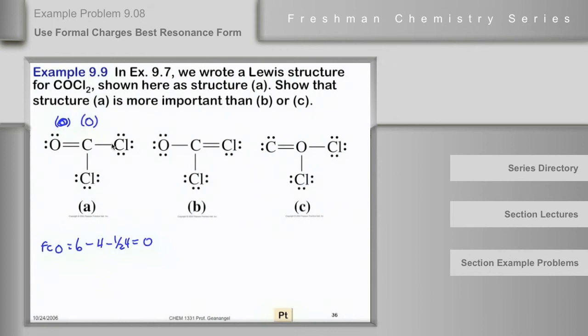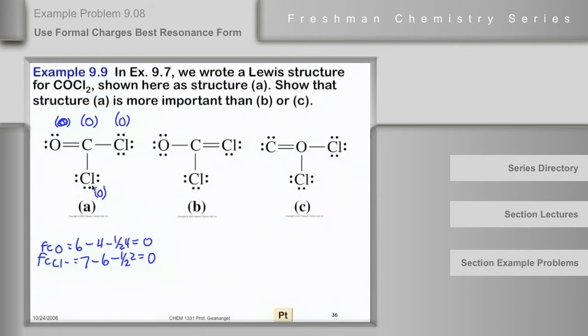A 1-bonded chlorine, let's look at that one. That would be 7 minus 6 minus 1/2 of 2. So that's 7 minus 7 is 0. So this is 0. And this is a single bonded chlorine down here, so this will be 0 as well.